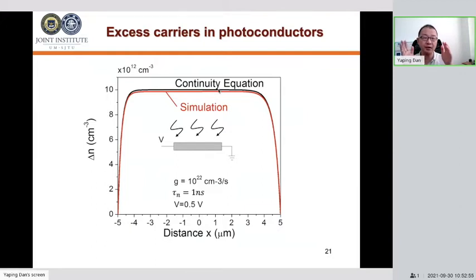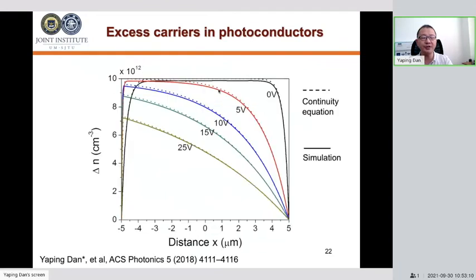The excess carriers are not uniformly distributed, and they are pinched to zero at the metal-semiconductor interface. Under light illumination, the excess carrier will be tilted and redistributed.